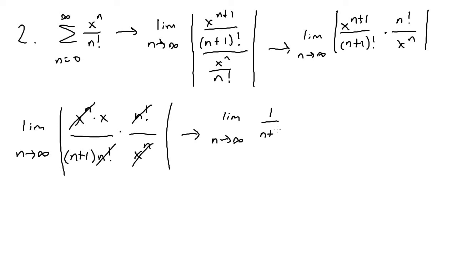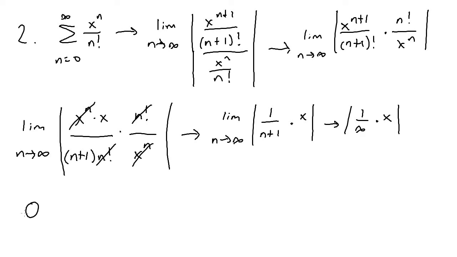And remember, I'm going to split up the n's and the x's times x. So when I plug in infinity for n, we obviously get 1 over infinity times x, and 1 over infinity is 0, and 0 times x is 0, and the absolute value of 0 is 0.